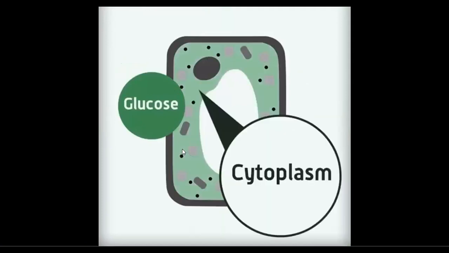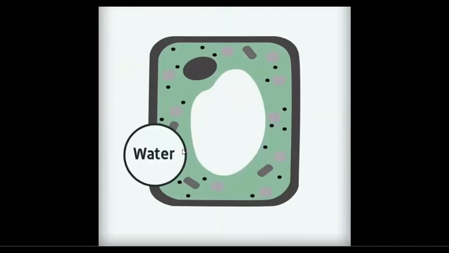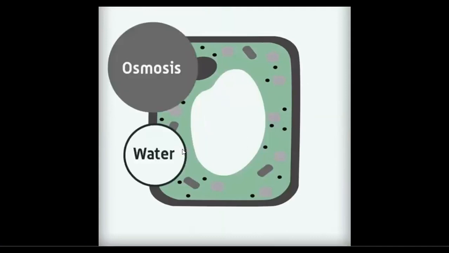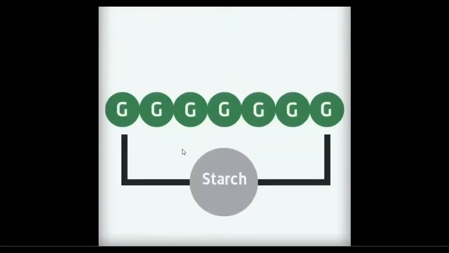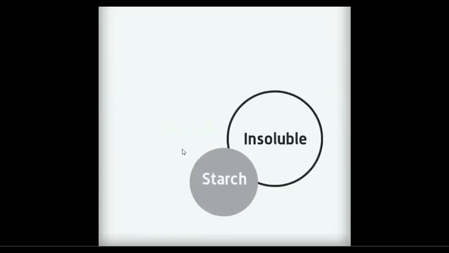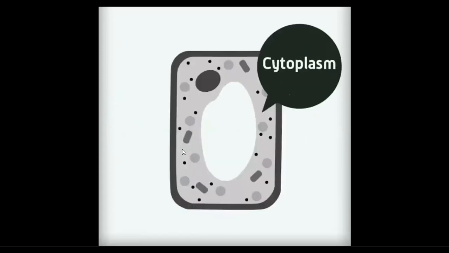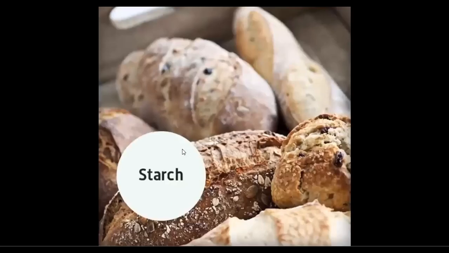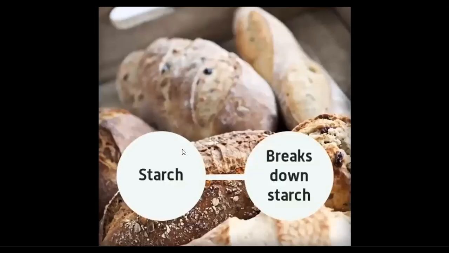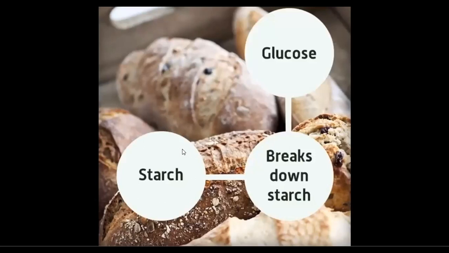This would cause the cell to swell because water would enter the cell by a process called osmosis. Instead, glucose molecules are joined together to make long molecules of starch. Starch is insoluble and can be stored as grains in the cytoplasm of the cell. When you eat food containing starch, your body breaks down the starch, turning it back into glucose. You can then use the glucose for respiration.